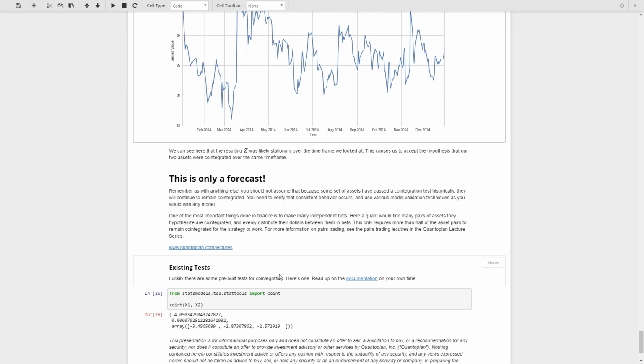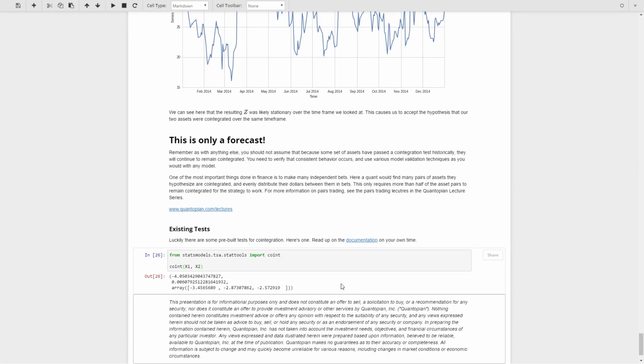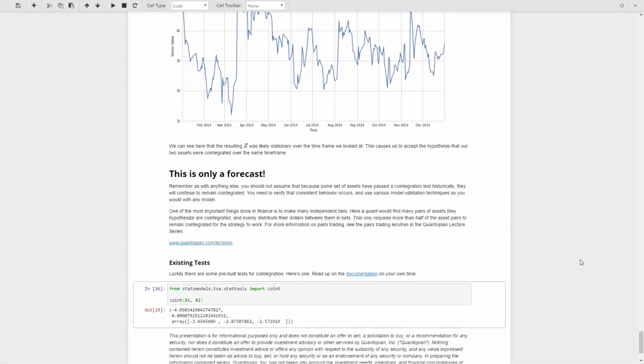In the statsmodels package, we have this coint function, and that'll tell us whether x1 and x2 are co-integrated. Here's the p-value, and we can conclude that yes, they are co-integrated from this test. So if we want to apply the co-integration test to many different independent pairs of stocks, we can use the co-integration function instead and make our lives easier.